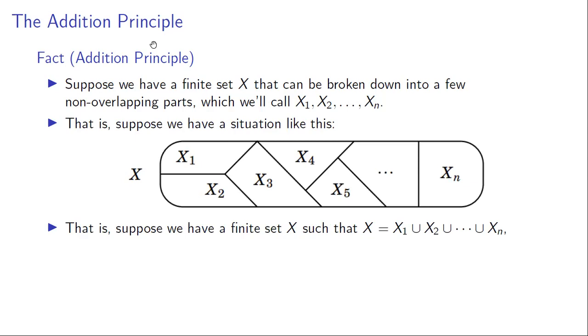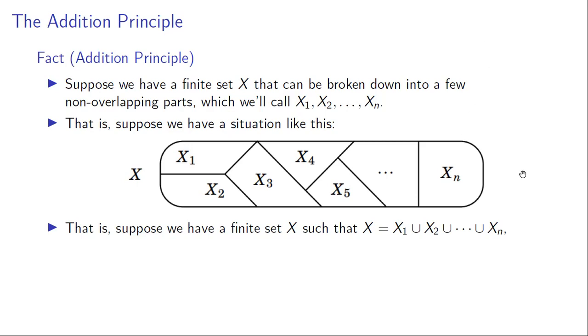So the union of X1 through Xn is X. In other words, these little sets, X1 through Xn, put together compose X. X is composed of these smaller sets put together.